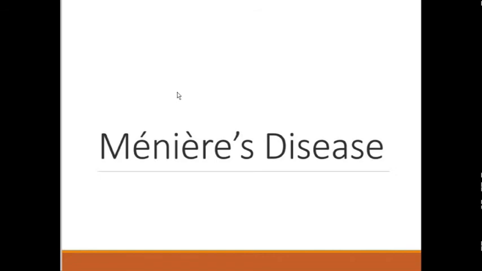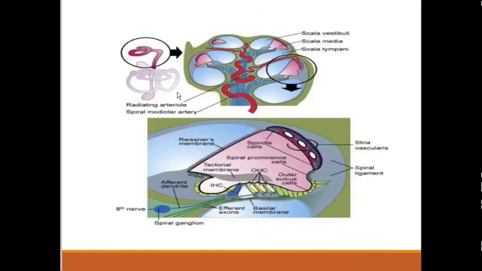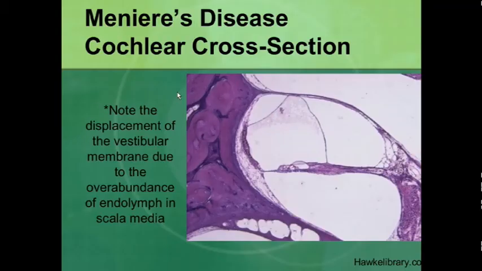Okay, now coming to the second cause of vertigo, which is Meniere's disease, endolymphatic hydrops. There is a different chapter for Meniere's disease because it is common, and here the patient presents not only with vertigo but also with hearing loss and tinnitus, correct? So here it is the endolymphatic system of the cochlea.